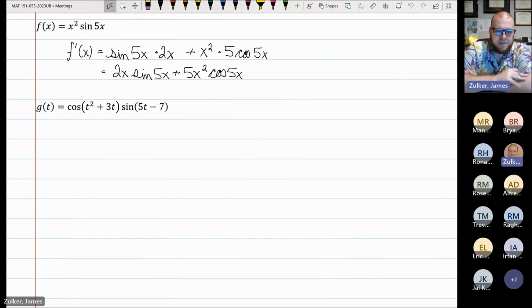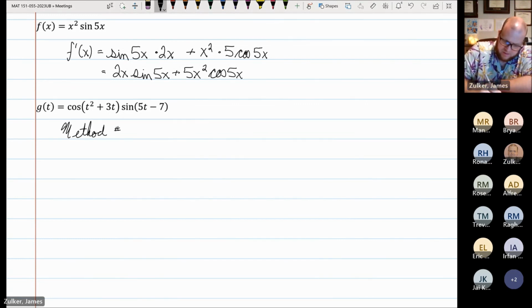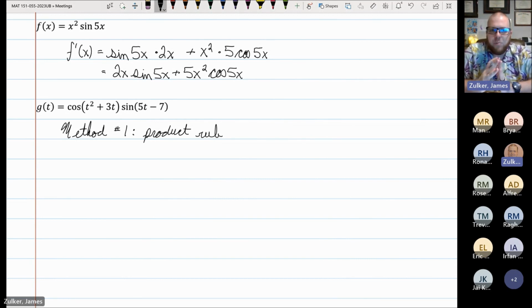We're dealing with another product. But this time we're dealing with a product of trig functions. So there are two ways we can proceed from here. The most obvious route is to just use the product rule, right?